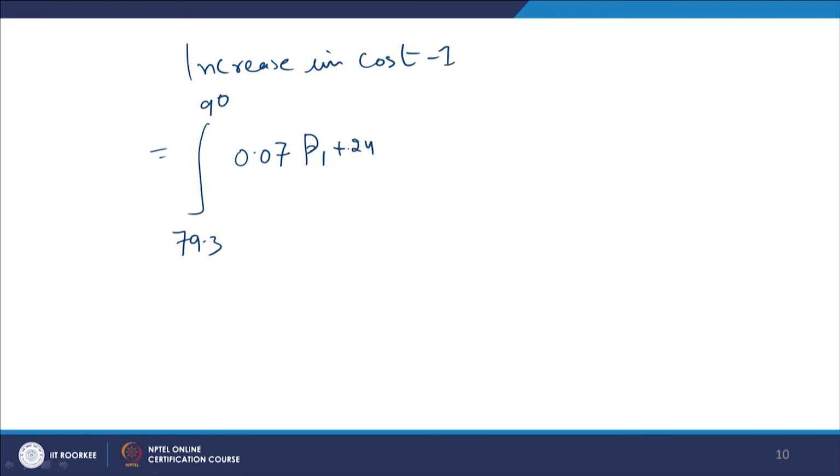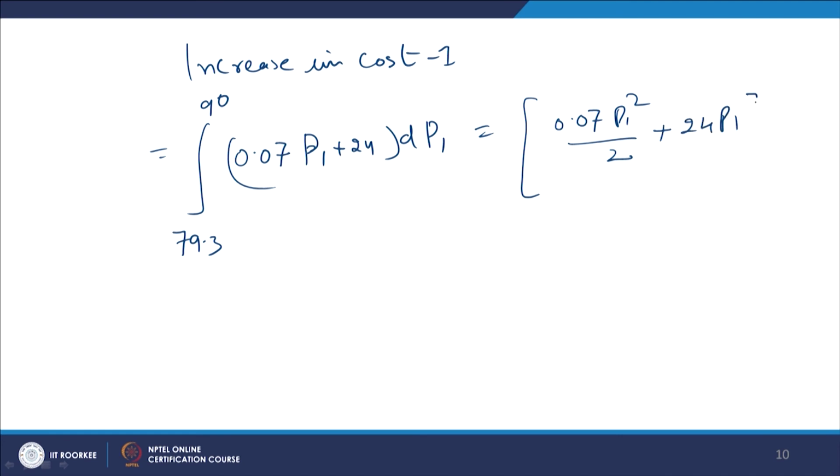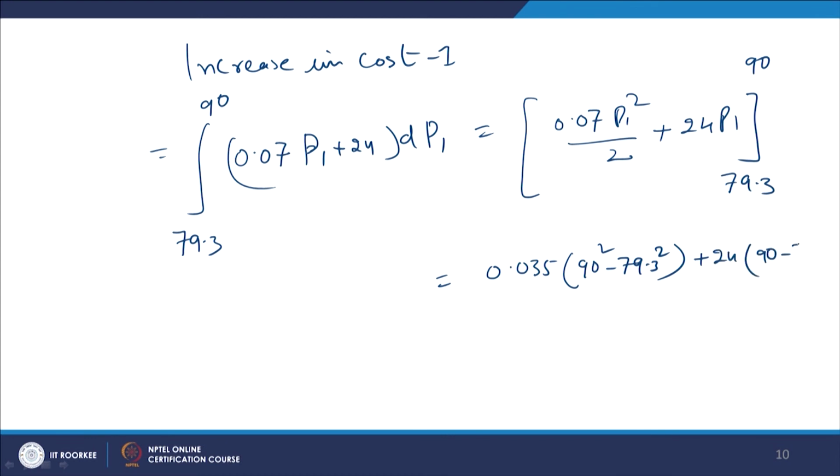Once we integrate, because power is the output, we get 0.07 P1 square by 2 plus 24 P1, from 79.3 to 90, and then it becomes 0.035 times (90 square minus 79.3 square) plus 24 times (90 minus 79.3).